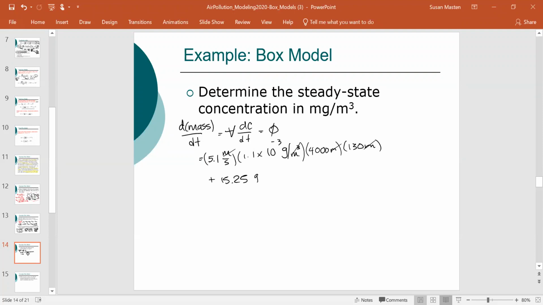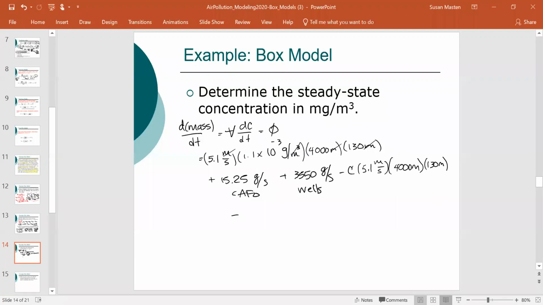Plus 15.25 grams per second, that's for my CAFO, plus 3,550 grams per second from my wells, minus C times 5.1 meters per second times 4,000 meters times 130 meters. So that was my width and my height.